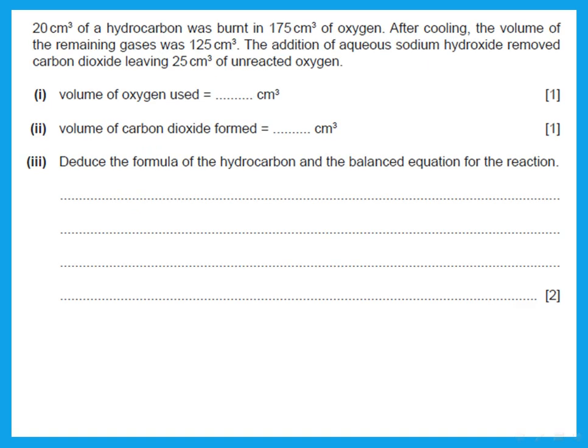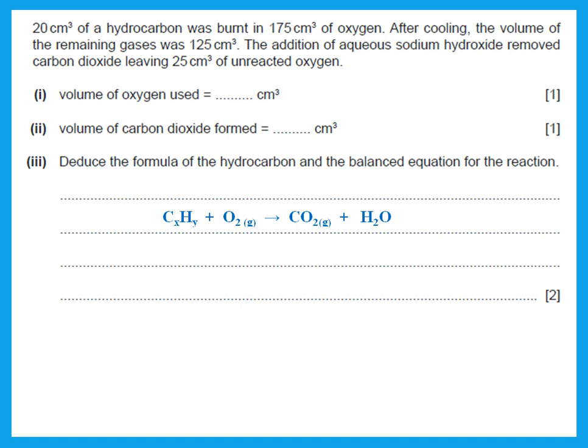Okay, this is another kind of question, so please pay attention. Here he's saying 20 centimeter cubed of a hydrocarbon was burnt in 175 centimeter cubed of oxygen. Now, first of all, do you remember what we mean by hydrocarbon? A hydrocarbon is something that has carbon and hydrogen. So here we have C and H, but the problem is we don't know C what, H what.